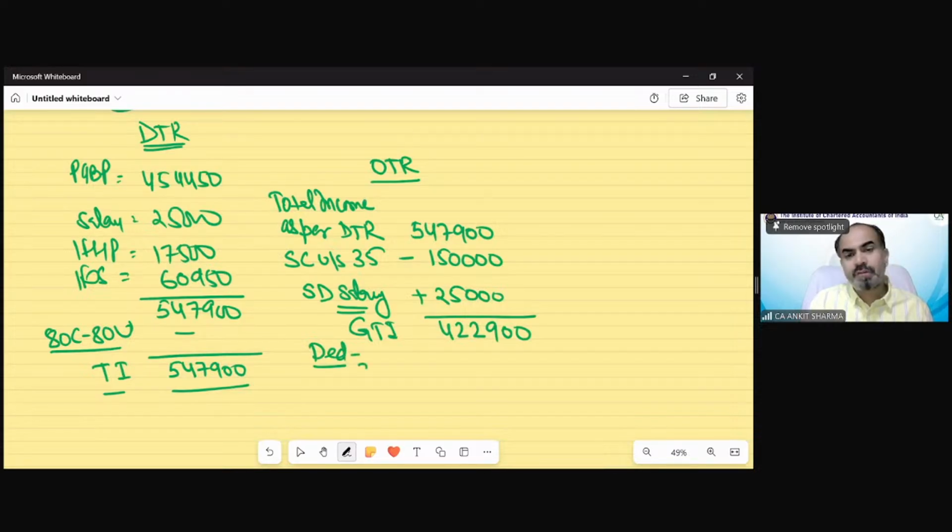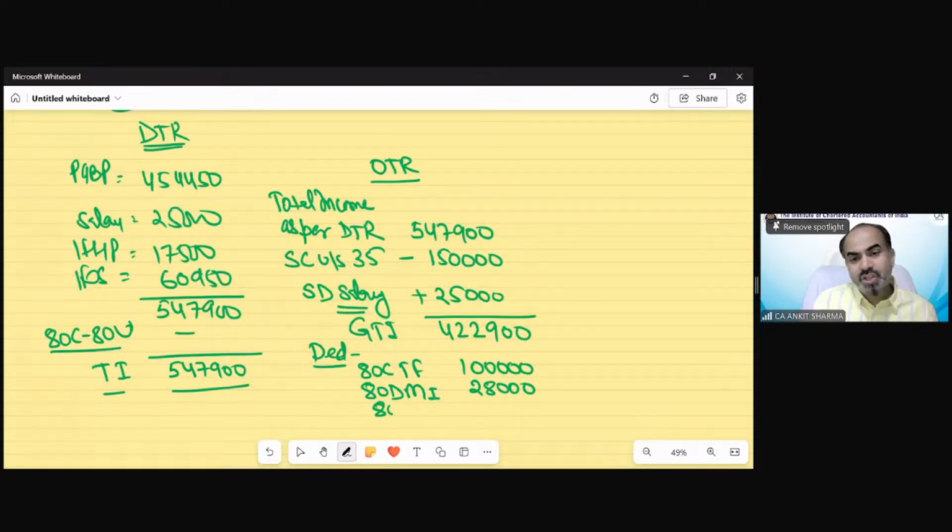There was a tuition fees 80C, which has been given in question. So up to 150 we can claim this deduction, but that was 1 lakh, so we will claim 1 lakh. 80D, medical insurance, because she's a senior citizen, so full 28,000 can be claimed as a medical insurance premium expenditure. If she would not have attained the age of 60 years, then maximum 25,000 we could claim.